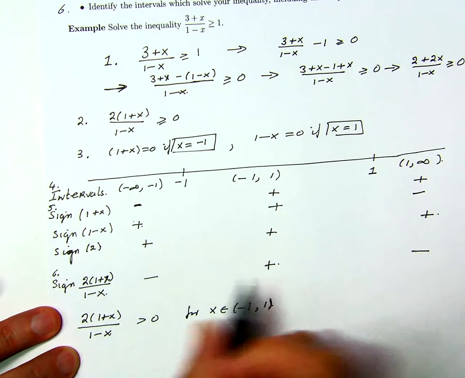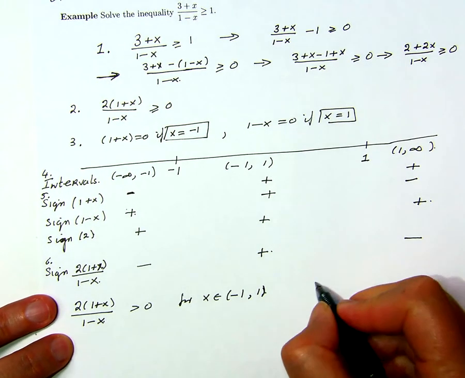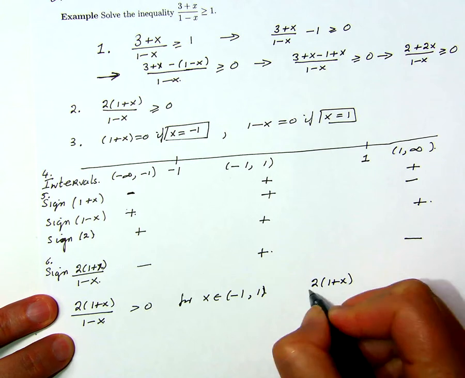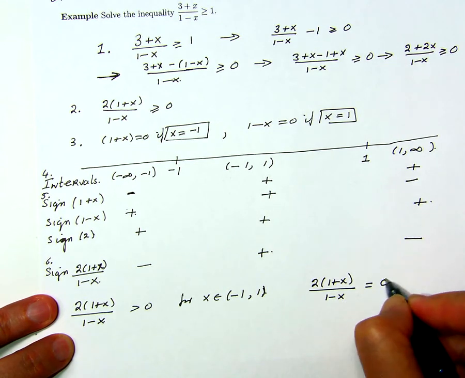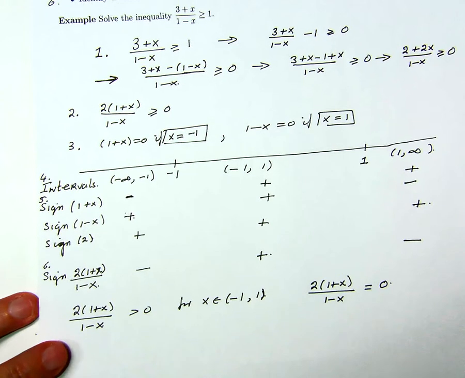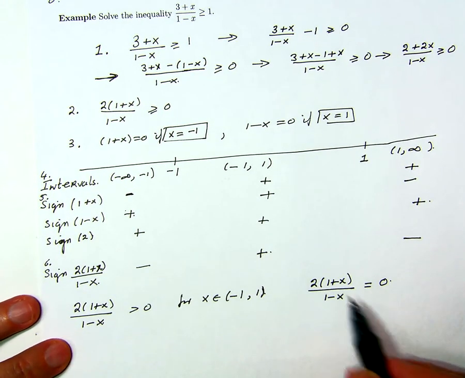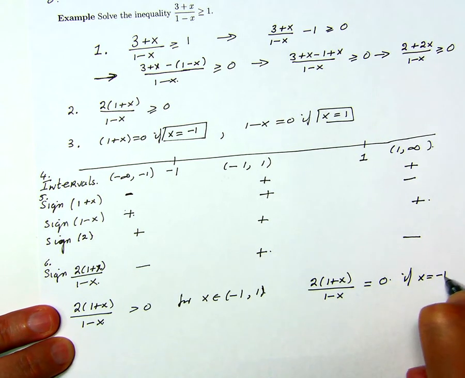We're searching for the points where it's greater than or equal to 0. So I have 2 times 1 plus x over 1 minus x is equal to 0 only if one of these factors in the numerator equals 0. So that's if x equals minus 1.